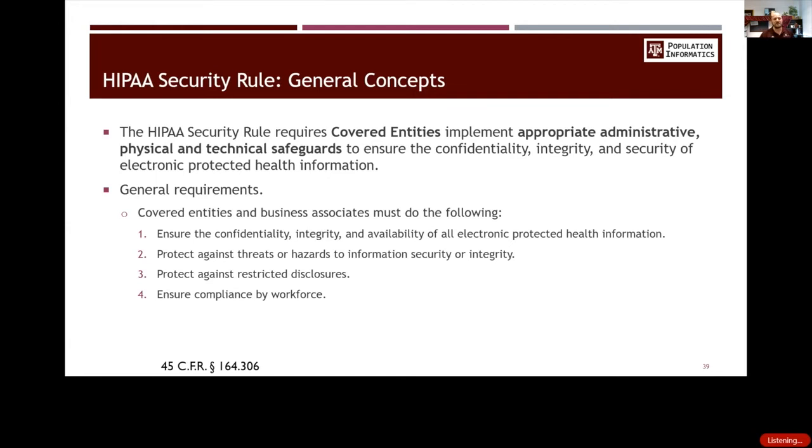There are steps to ensure the confidentiality, integrity, and availability of protected health information. There are steps to protect against threats and hazards to information security and integrity, to protect against disclosures that aren't permitted, and steps to ensure compliance by your workforce.